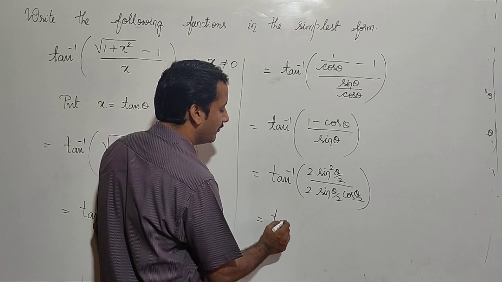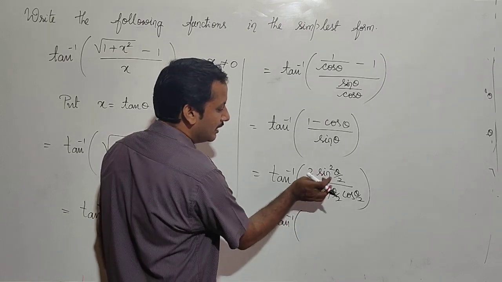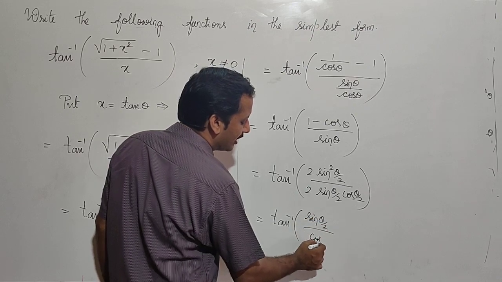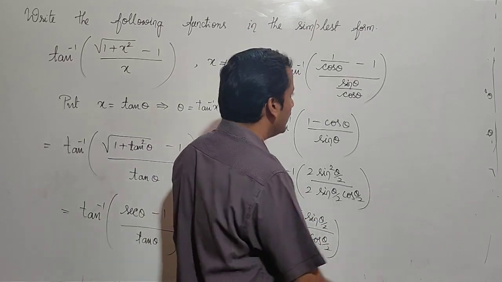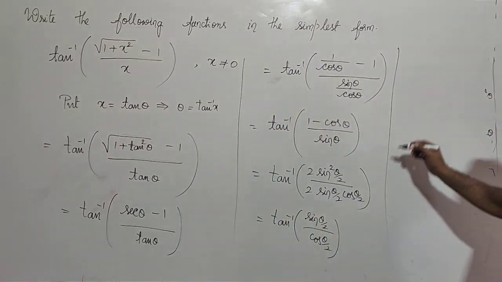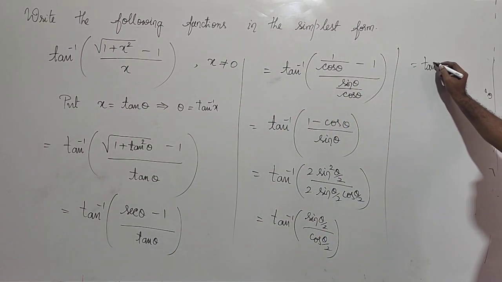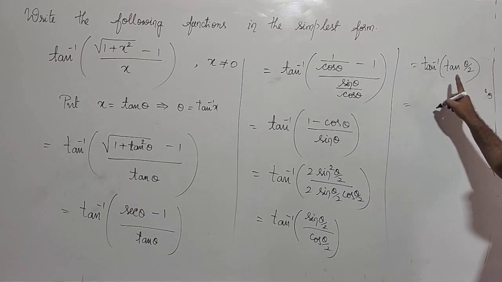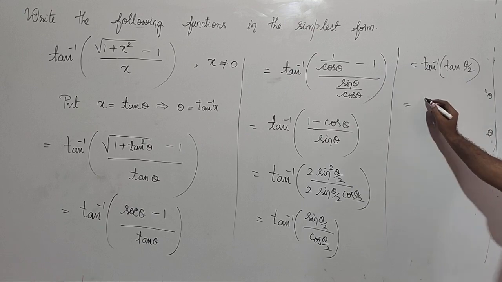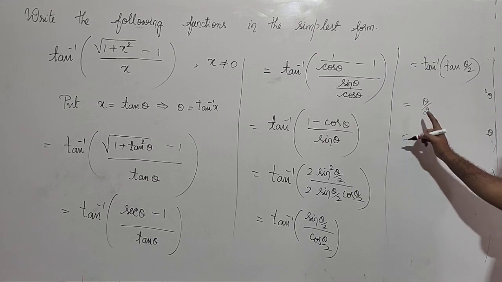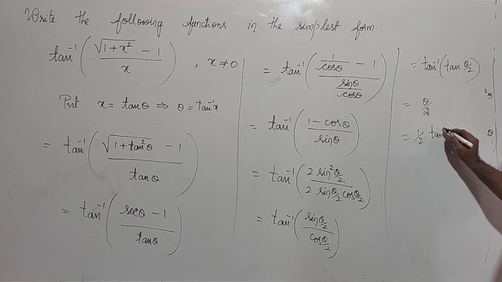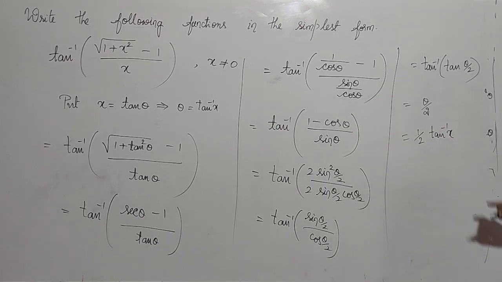We are left with tan inverse of sin theta by 2 divided by cos theta by 2, which is equal to tan theta by 2. Tan inverse of tan theta by 2 is equal to theta by 2. What is theta? Theta is tan inverse x. So, the simplest form of the given expression is 1 by 2 tan inverse x.